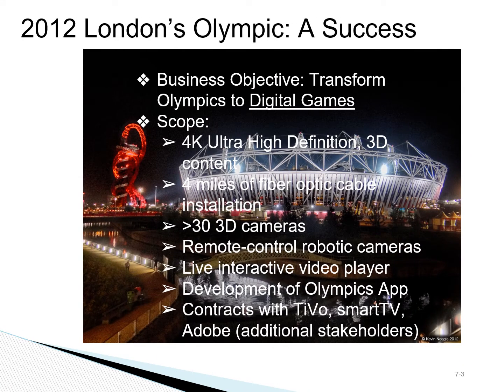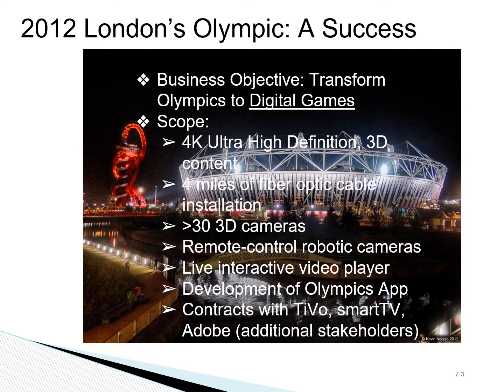The case included in the textbook is about London Olympics in 2012. This is when the Olympics Committee decided that they wanted to offer the games digitally. For this, they had to deploy many new techniques like 3D cameras, remotely controlled cameras, also developing their own app for true live experience of the games.